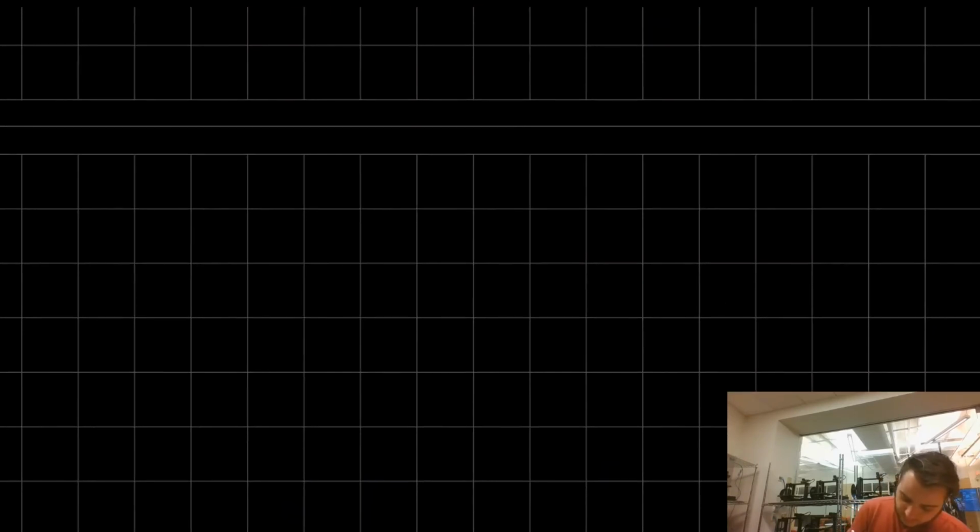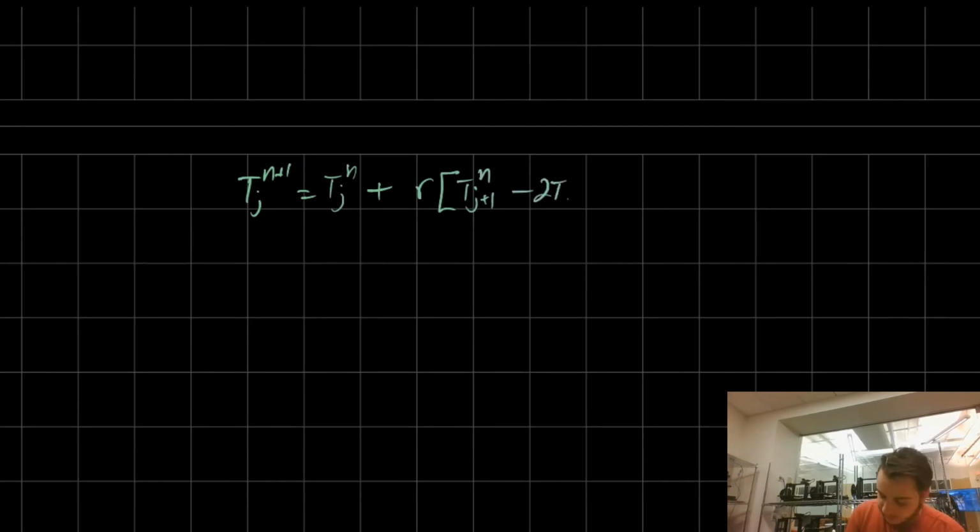So T_j^(n+1) is equal to T_j^n plus r times T_(j+1)^n minus 2T_j^n plus T_(j-1)^n.